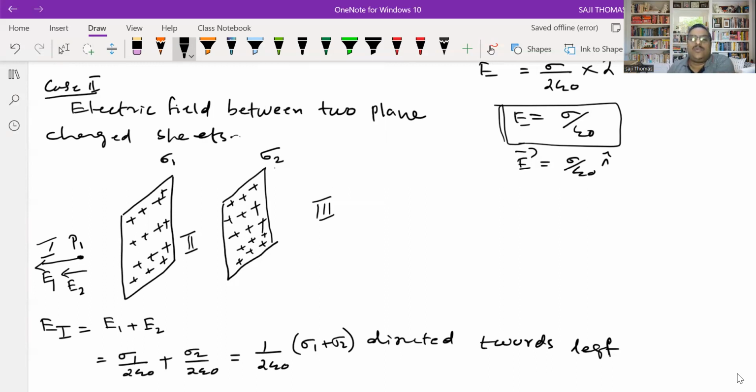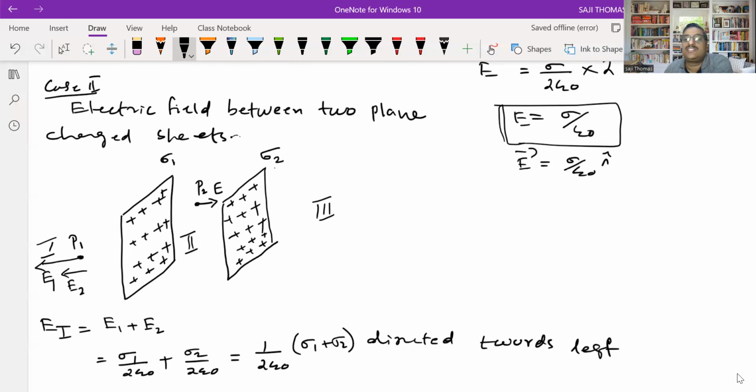Now you come to the point in the middle region between sigma 1 and sigma 2. See, there is a point P here. You take it as P2. At P2, electric field due to the first charge will be in this direction, away from the first sheet.